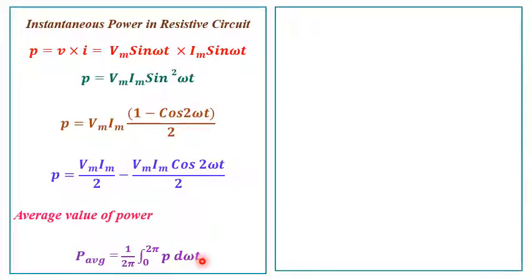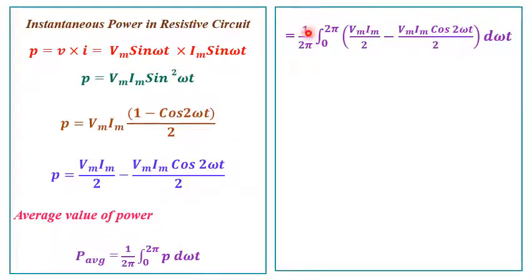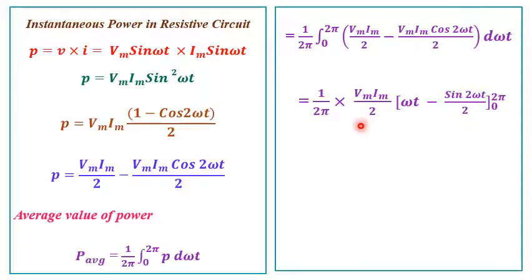Substituting for P in this equation, we get 1 by 2 pi integral 0 to 2 pi of Vm Im by 2 minus Vm Im by 2 cos 2 omega t. Taking Vm Im by 2 common outside and integrating, we get omega t minus sin 2 omega t by 2 with limits 0 to 2 pi. Applying the limits and simplifying, we get the average power as Vm Im by 2.